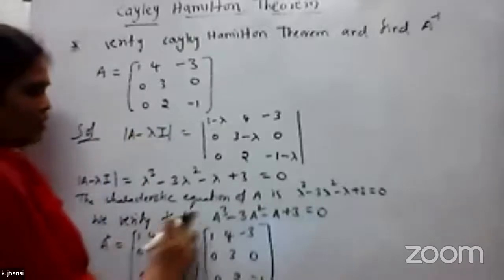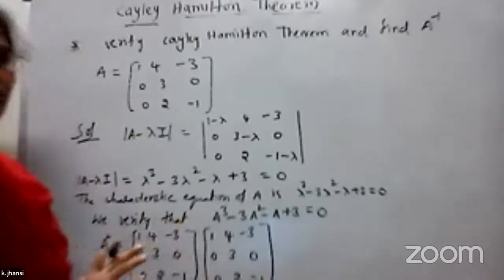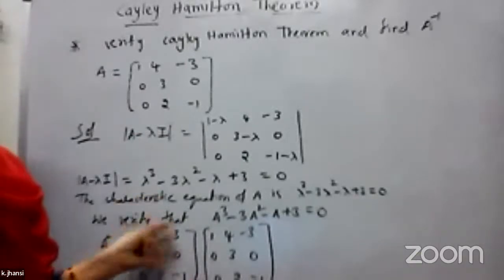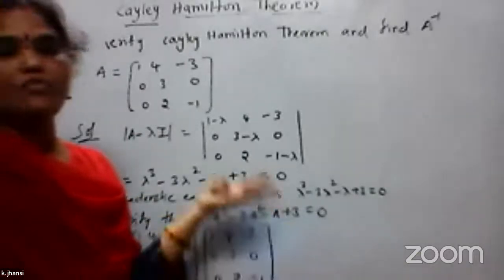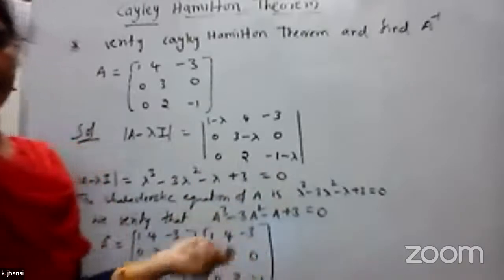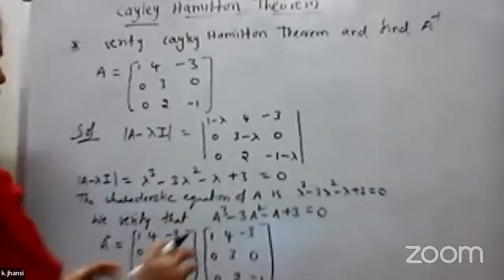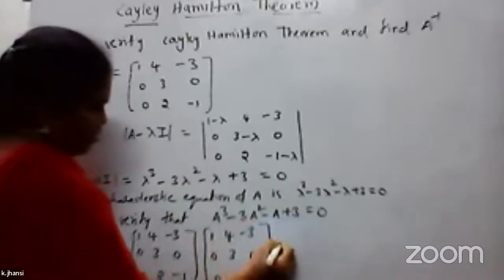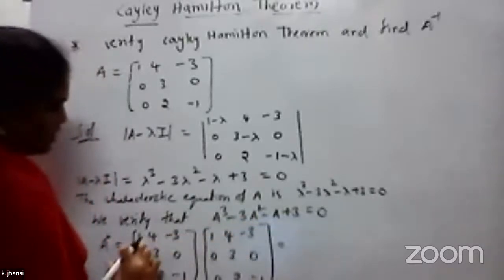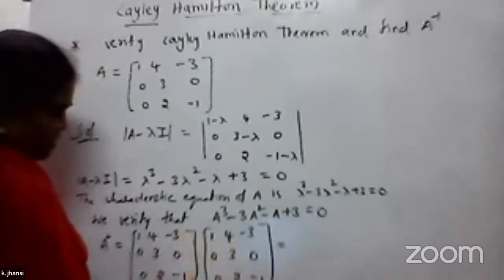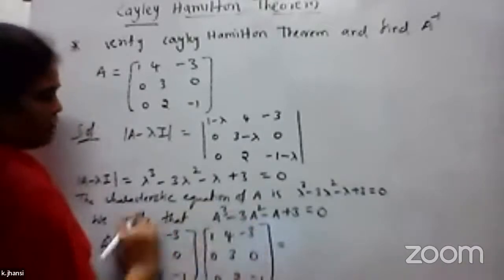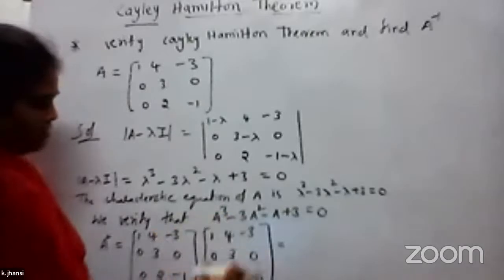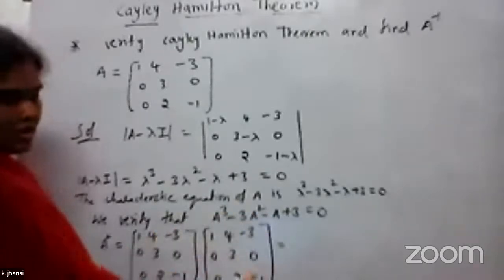Okay. So I hope you know how to find the product of two matrices. The number of columns in the first matrix should be equal to the number of rows in the second matrix. Then only we can do the multiplication or product of two matrices. So when you do the multiplication, the first row with first column, first row with second column, first row with third column, next second row with first, second, third columns.